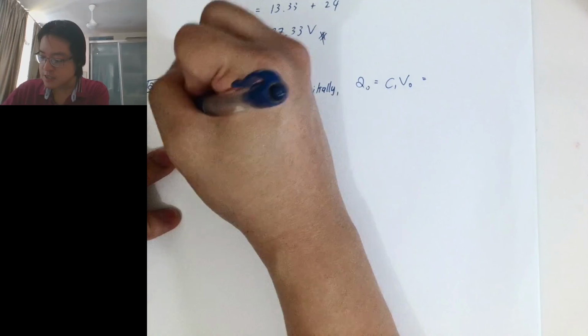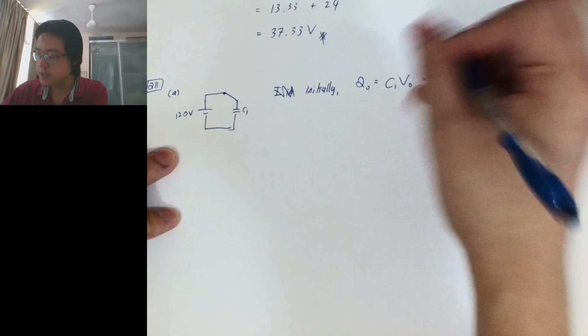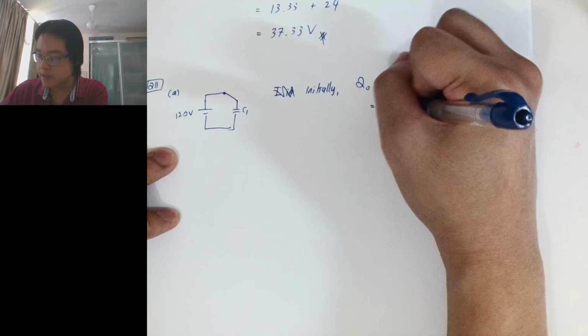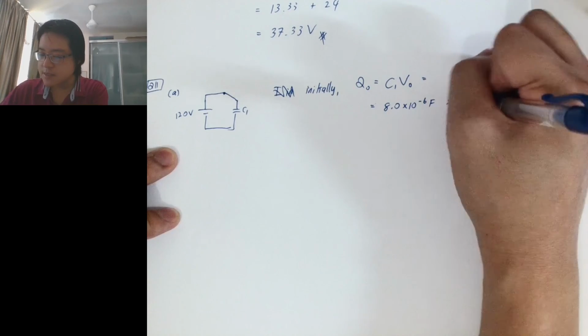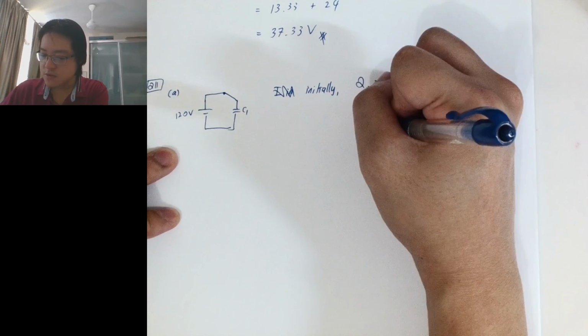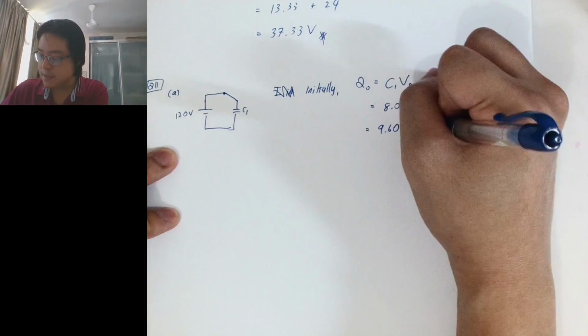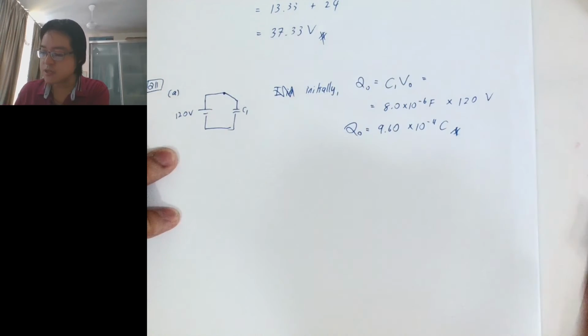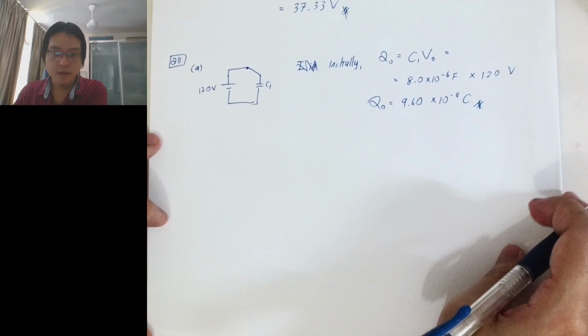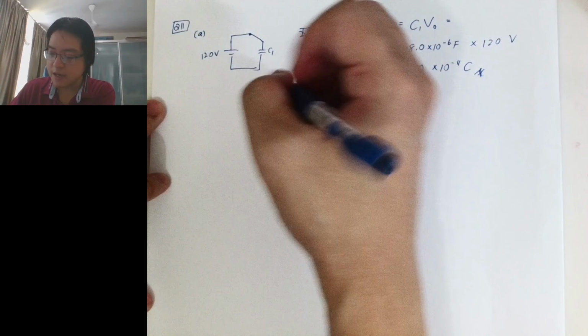The voltage is 120 volts of the battery, so it's 8 microfarad times 120 volts. So the initial charge is 9.6 times 10 to the minus 4 coulombs. I will call this Q0 because later it will change, but for now let us calculate this.